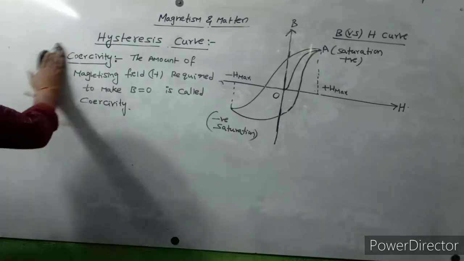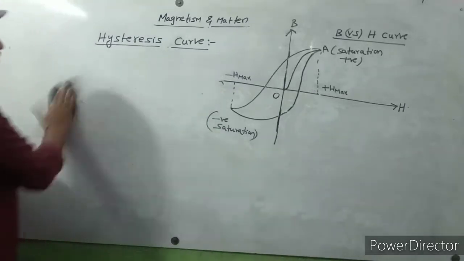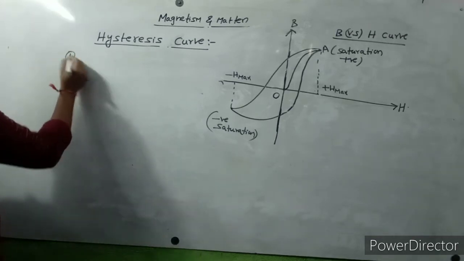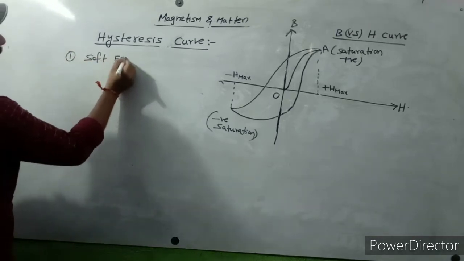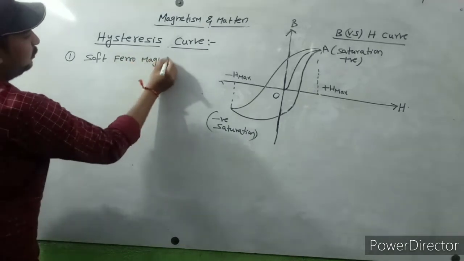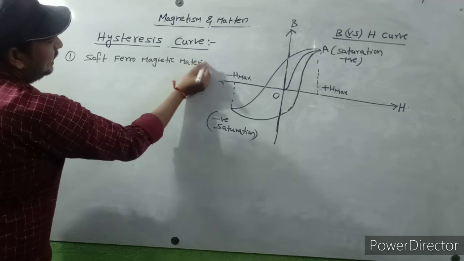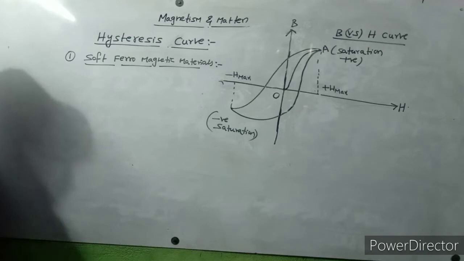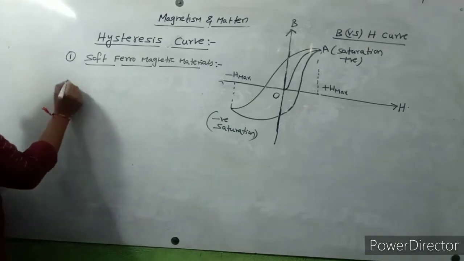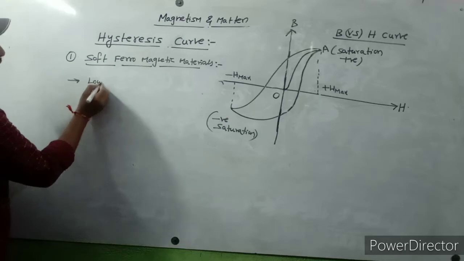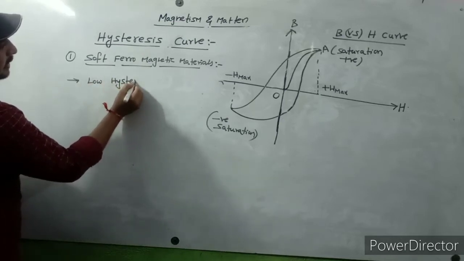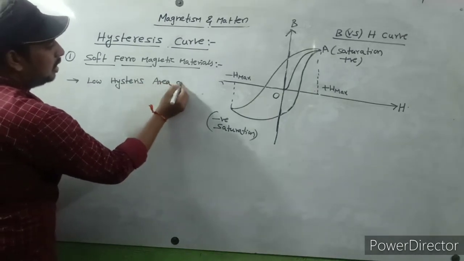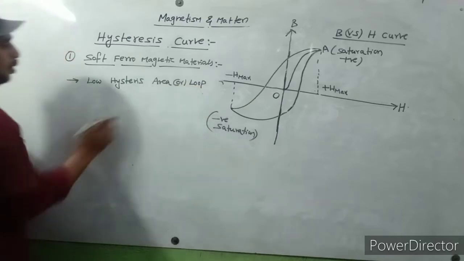This is about hysteresis. Here we have two types of materials. One is soft ferromagnetic materials, and the second type is hard ferromagnetic materials. Soft ferromagnetic materials mean low hysteresis area or loop.